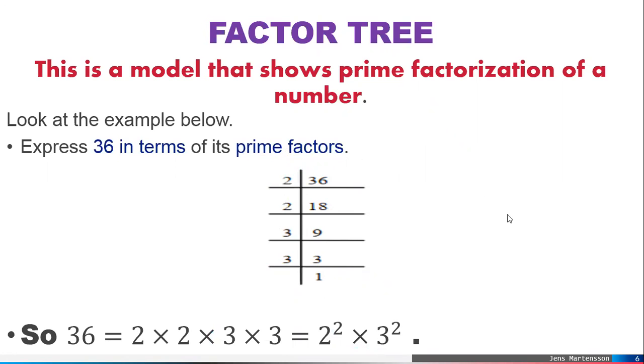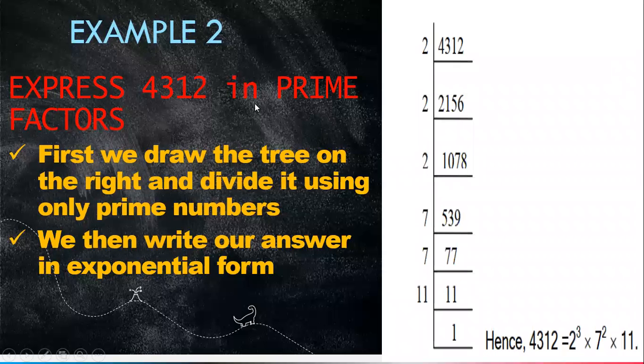Okay, so let's look at another example here. In this example, we are expressing the number 4,312 in terms of the prime factors. So we still do the same. You can see we started with the least prime factor, which is 2, and then we went to 2 still. Then when 2 doesn't go, we go to the next.